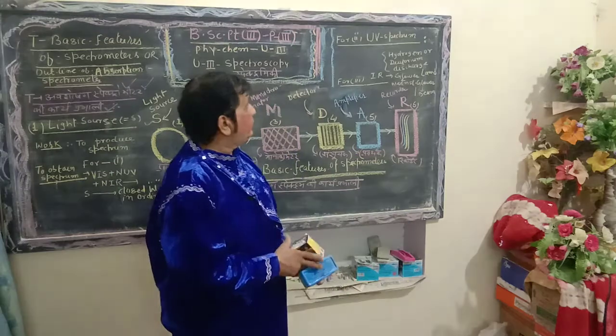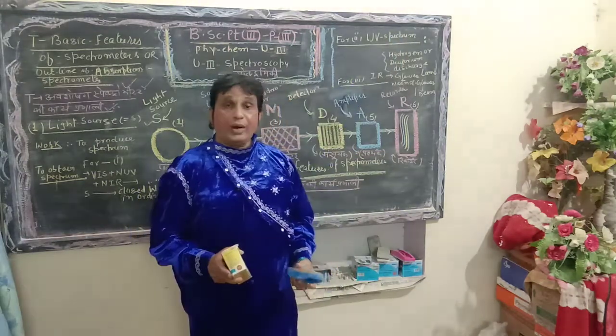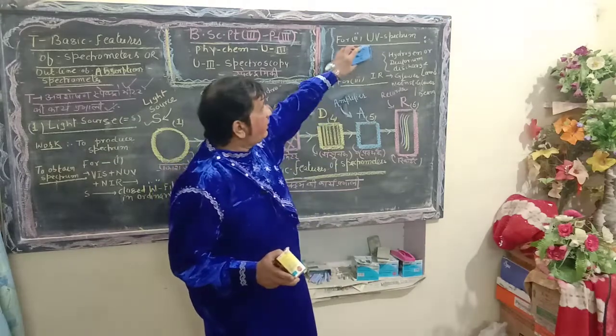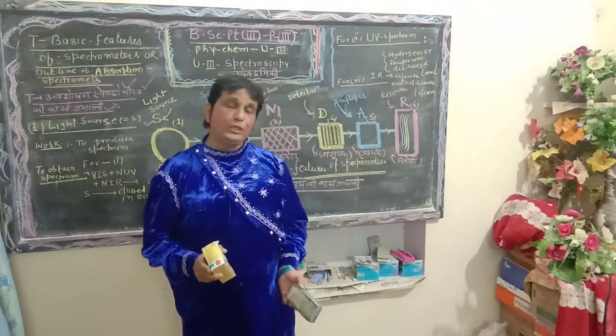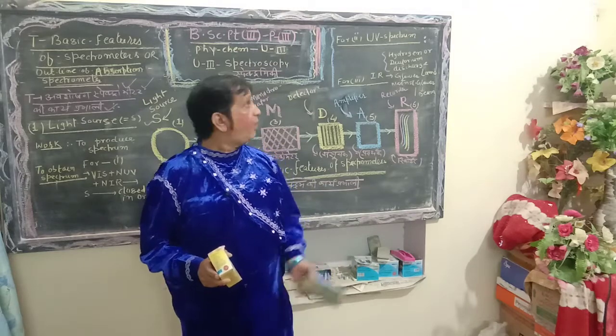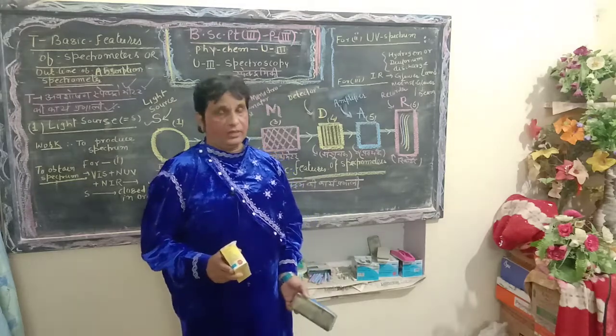Next, suppose we want to produce an ultraviolet spectrum on recorder R. Hydrogen or deuterium discharge will be used for the production of the ultraviolet spectrum.